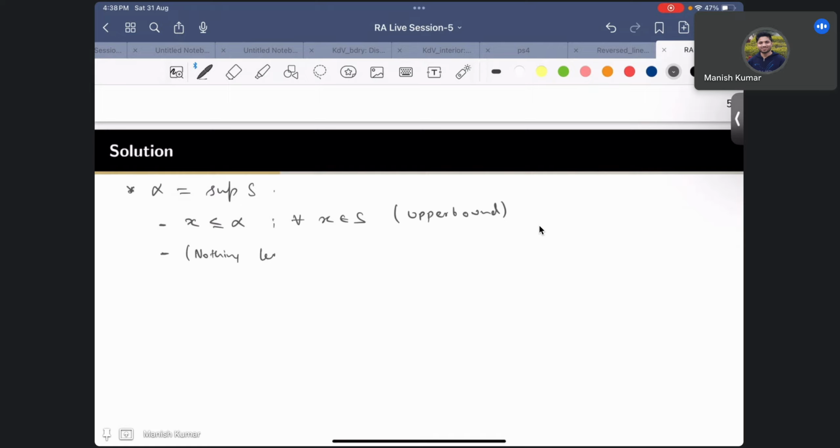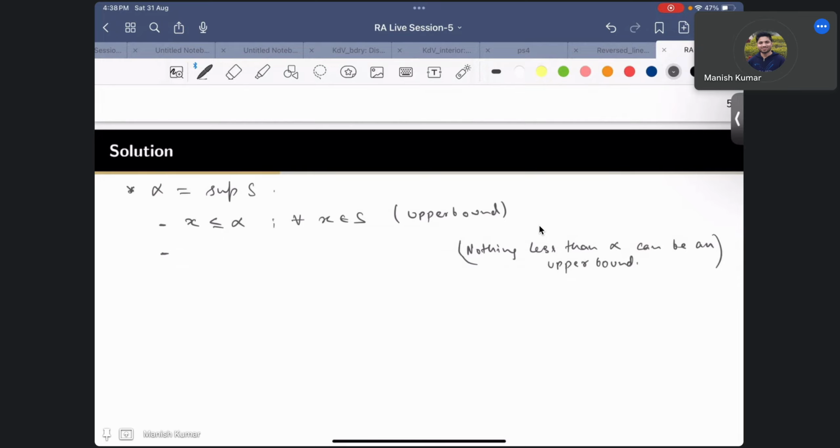So I'll just write it somewhere else. Nothing less than alpha can be an upper bound, and that's why we call it the least upper bound.